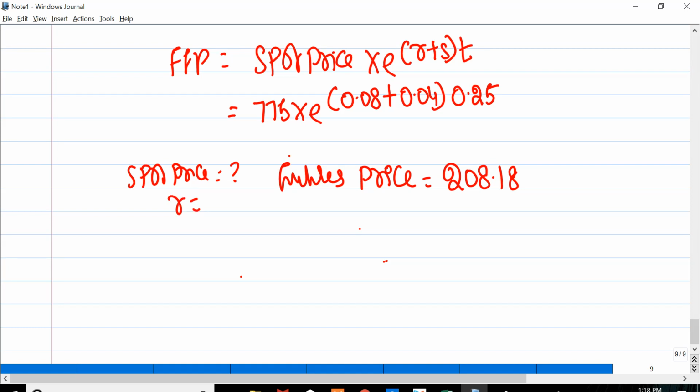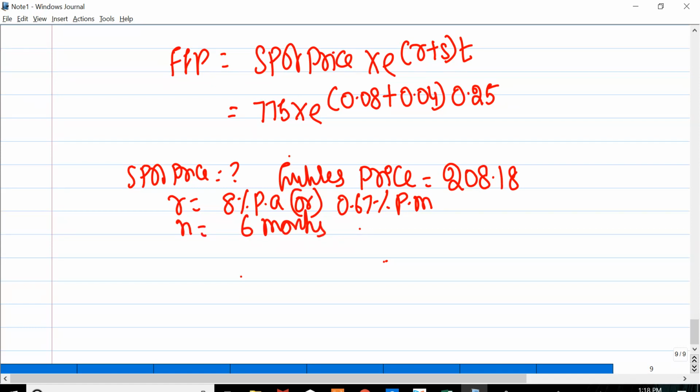R equal to... 8% per annum is not going to work out in this question. I'll have to mandatorily convert this per month. What is the monthly interest? 0.67 percent per month, because the question's specific requirement is monthly compounding. I don't have an option. I cannot write 8%. I'll make a mistake if I go with 8%. N equal to 6 months.